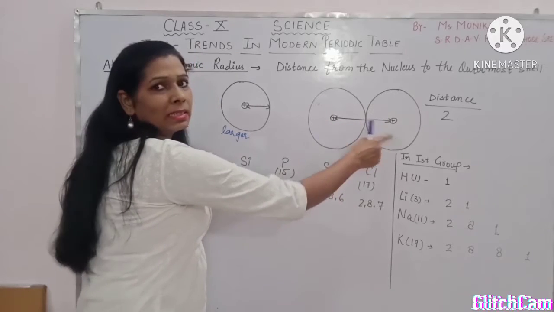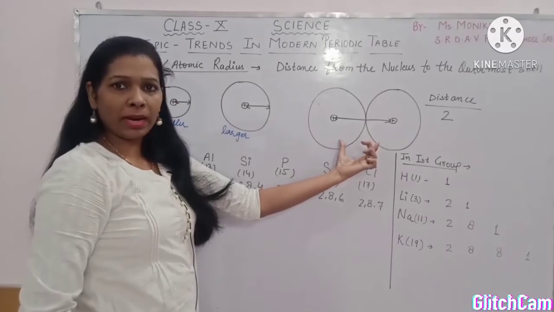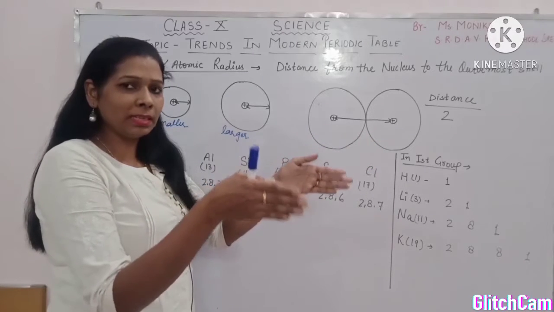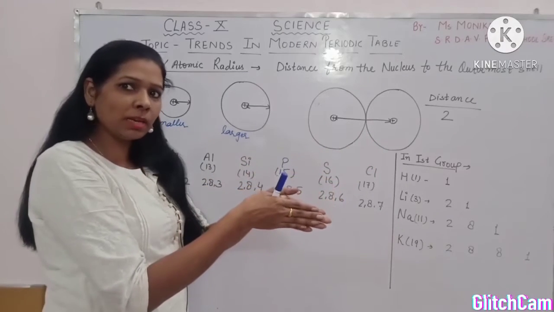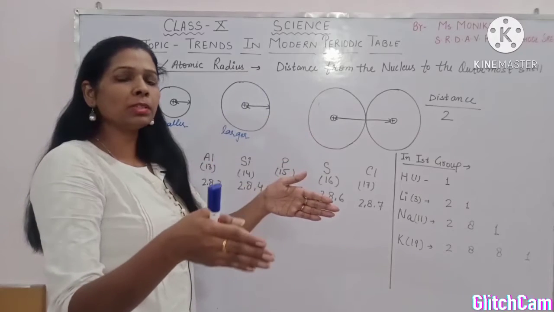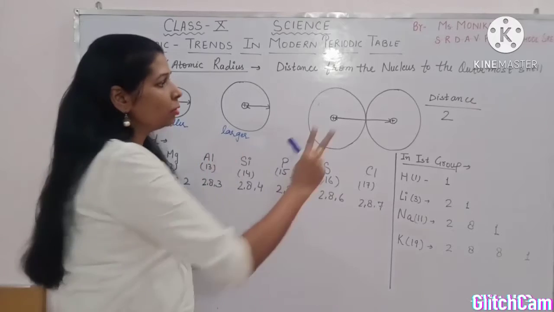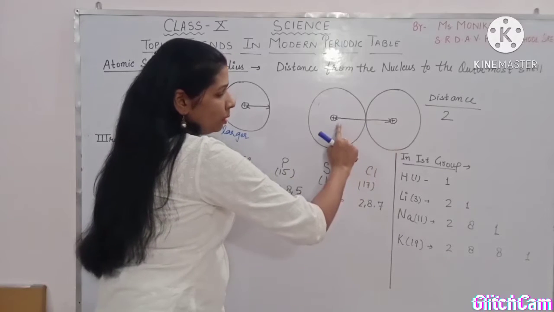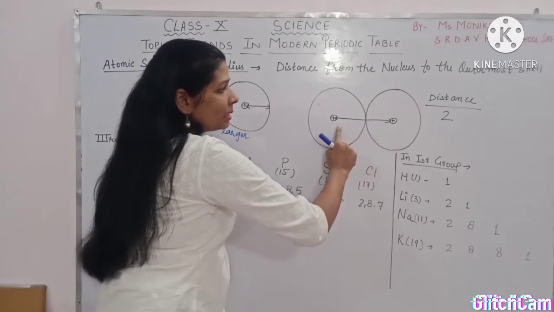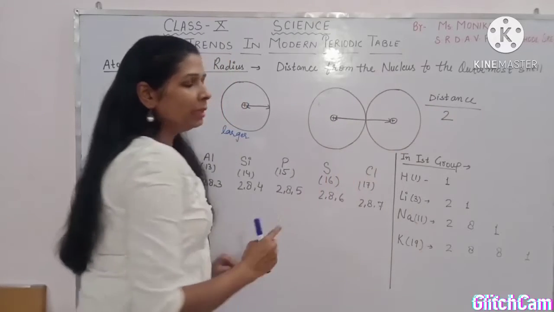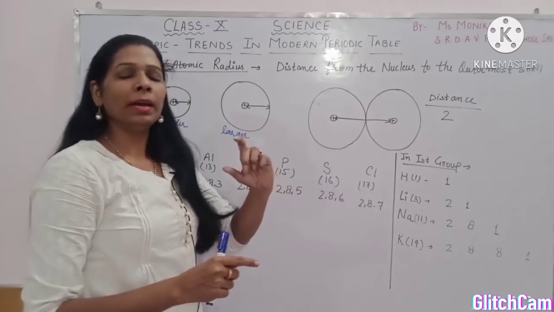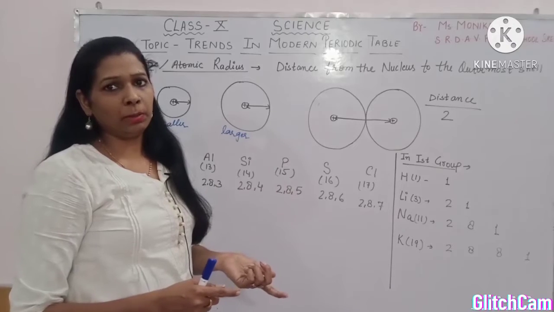Like you can see in this diagram, if these are two atoms, we calculate the distance from the nucleus of the first atom to the nucleus of the second atom. Because these are two atoms, we measure this distance and divide it by 2. Then we can easily find out the atomic radius of one element.